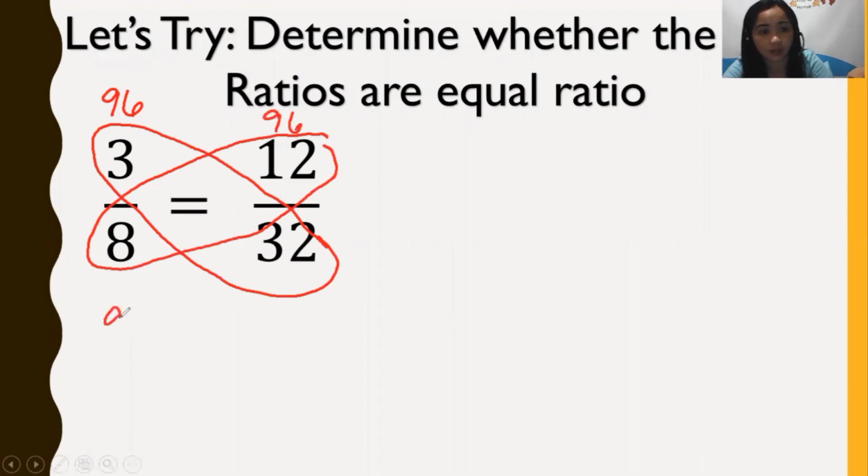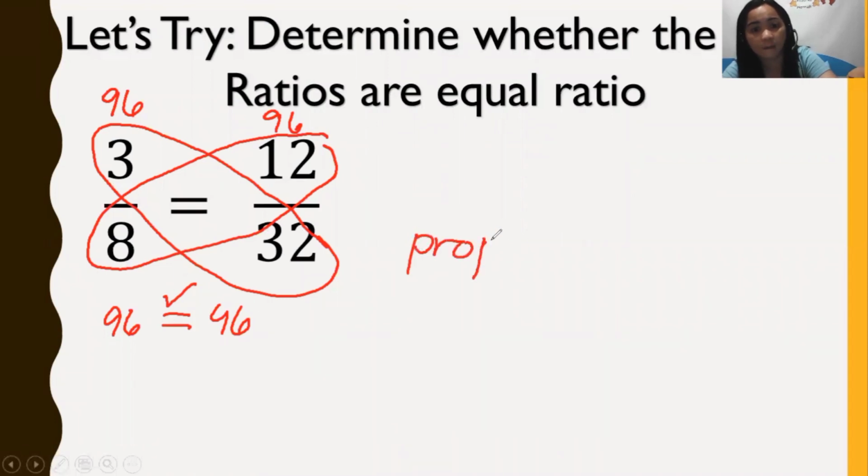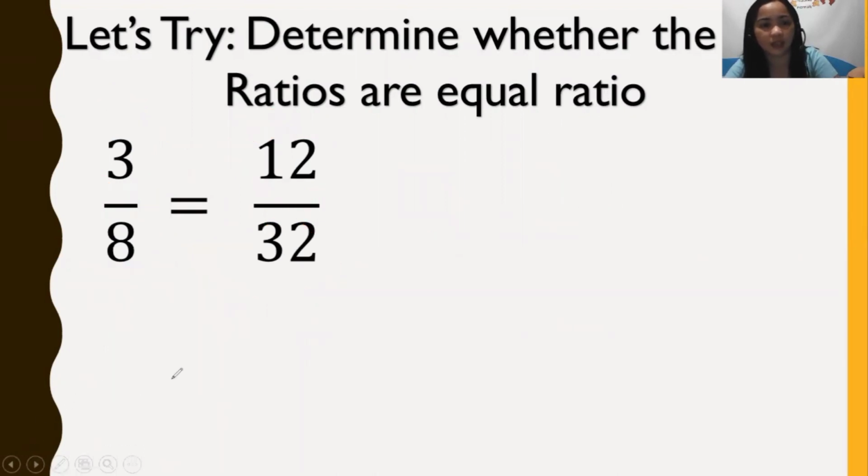So we have here 96 equals 96. Are they the same? Yes, they are equal. Therefore, this given is a proportion. They are called proportion. Now, let's go to the next slide.